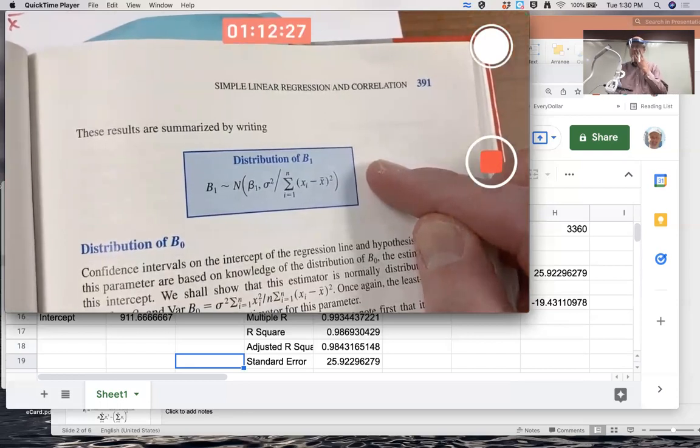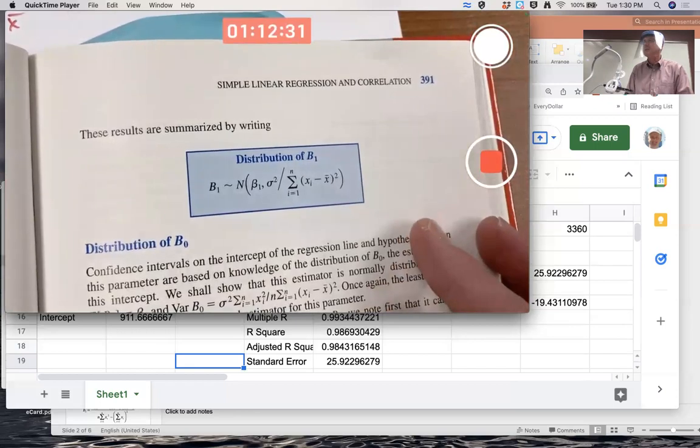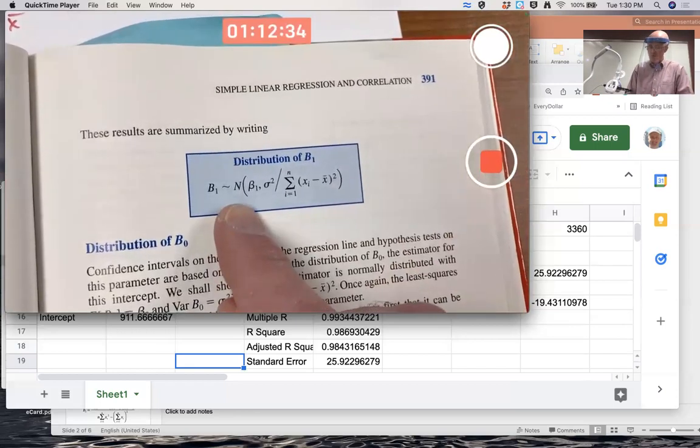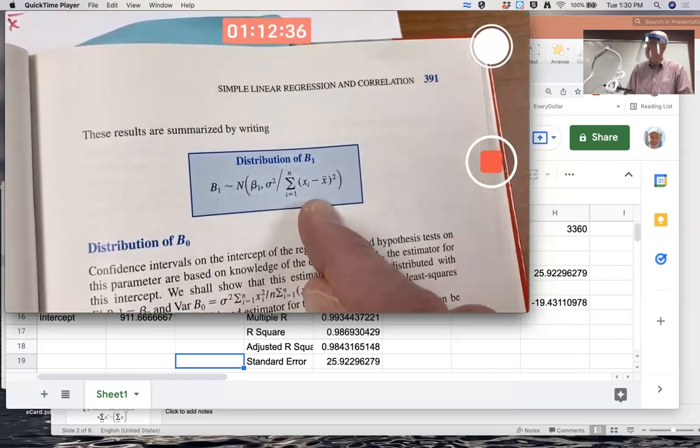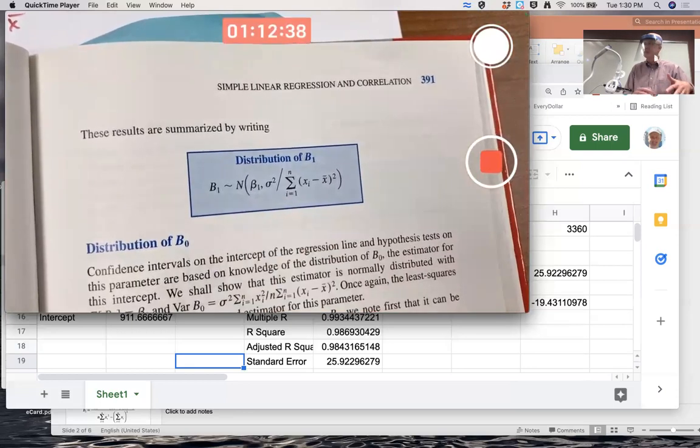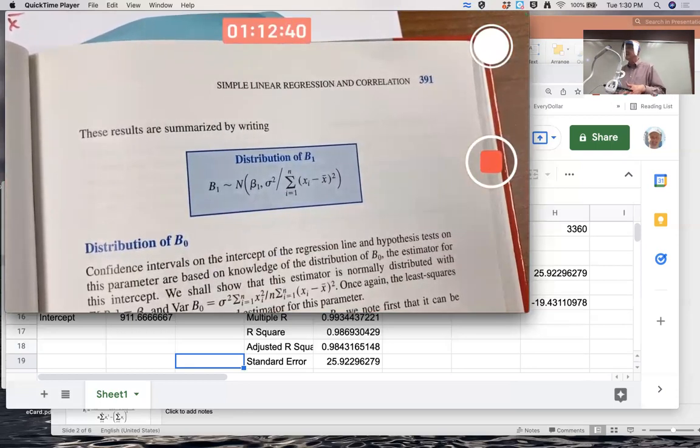Capital B1 is a statistic. It's a random variable obtained from a random sample. And based on the assumptions of the regression model, it happens to be normal with this mean and this variance. Where sigma squared comes from the regression model, its square root is what the regression standard error approximates.